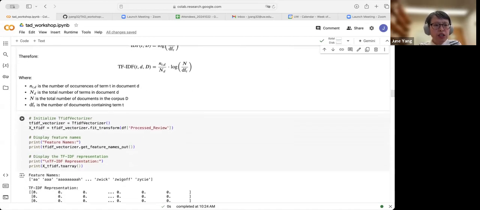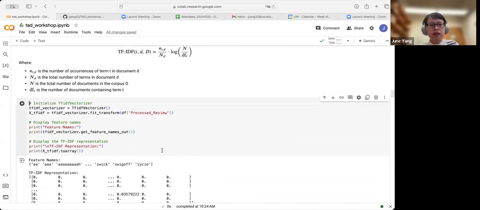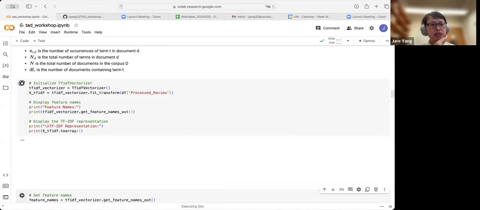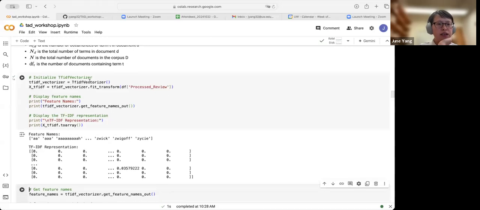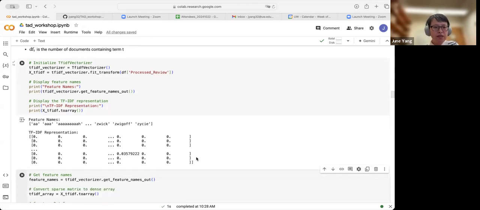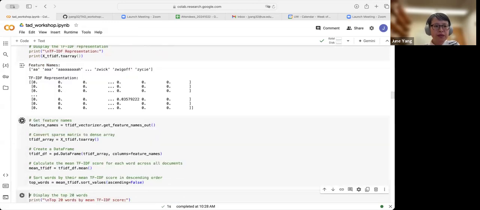But the actual implementation of TF-IDF is also pretty straightforward using the scikit-learn package as we just imported. And it's actually the same, but we're just using the TF-IDF vectorizer instead of the count vectorizer. And here I'm also having it display the feature names and then convert this sparse matrix into an array for us to see it more clearly.